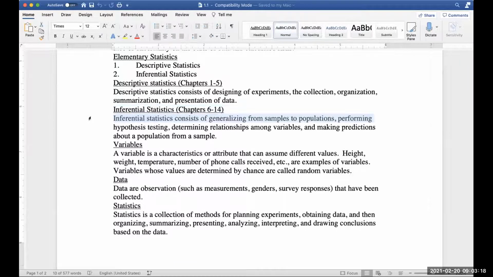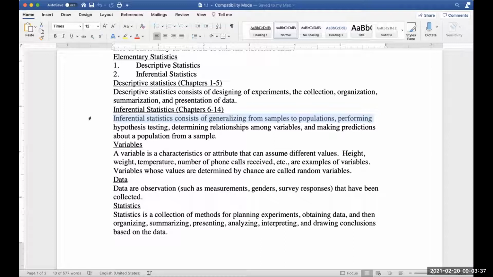So in inferential statistics, we'll be generalizing from samples to populations. And we will be conducting hypothesis tests.